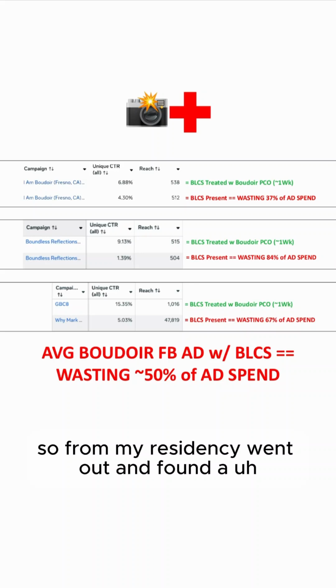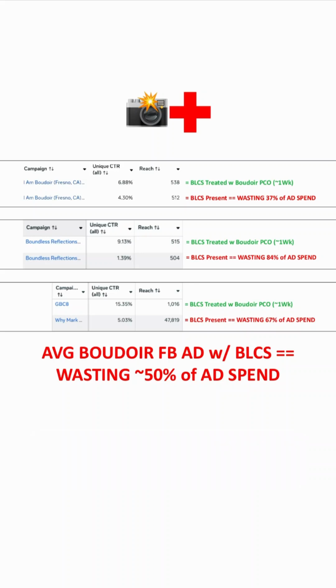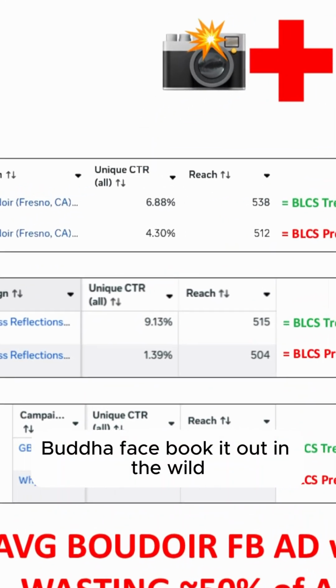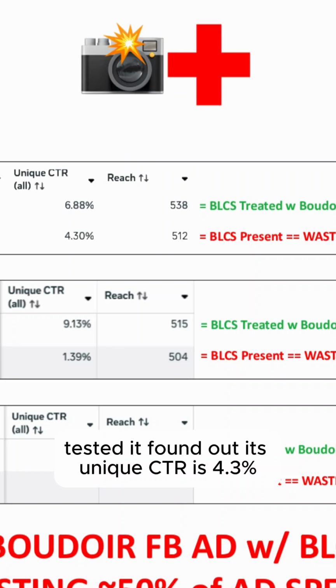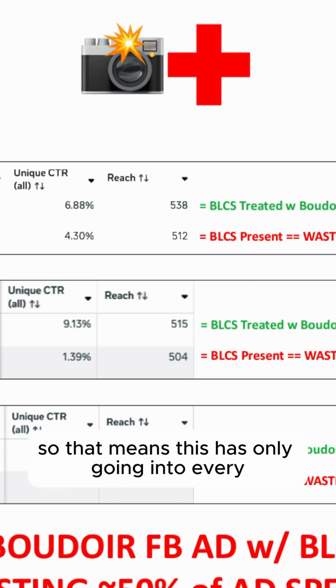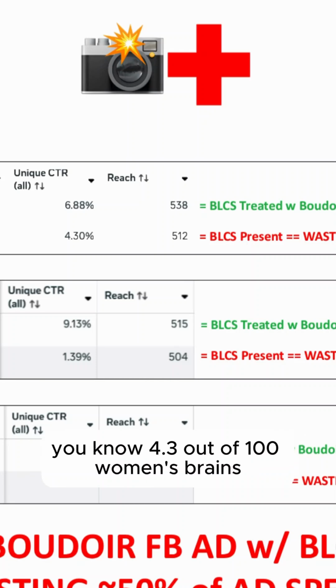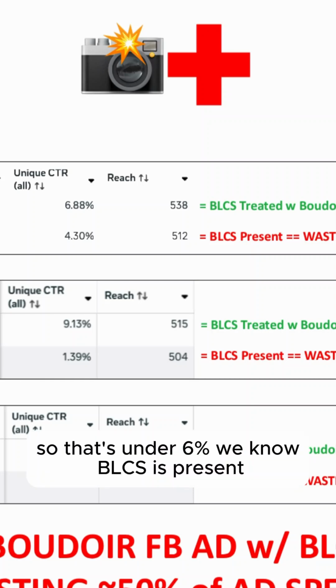So from my residency, I went out and found a Boudoir Facebook ad out in the wild, brought it here to the hospital, tested it, found out its unique CTR all is 4.3%. So that means this ad is only going into 4.3 out of 100 women's brains. So it's under 6%. We know BLCS is present.